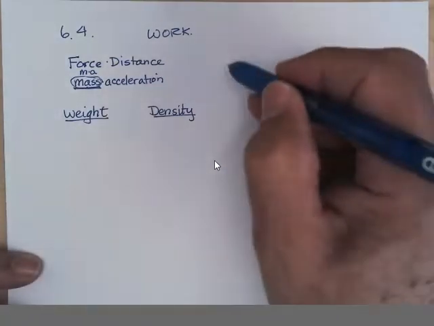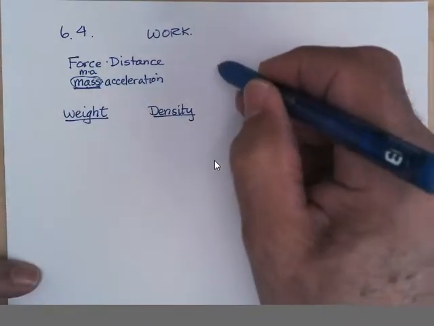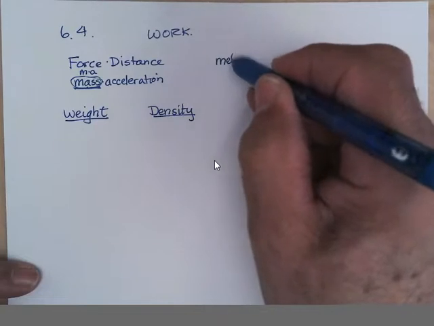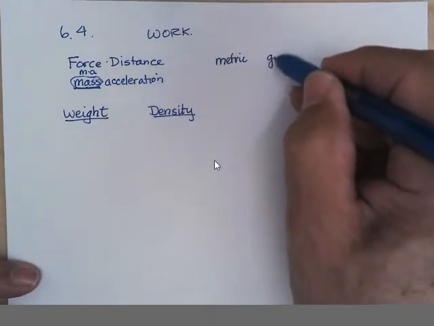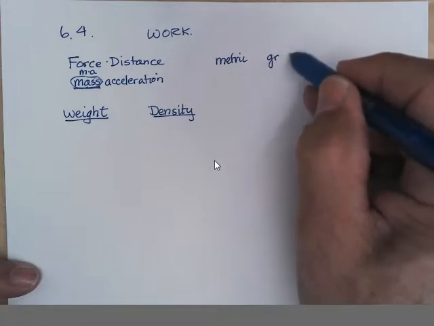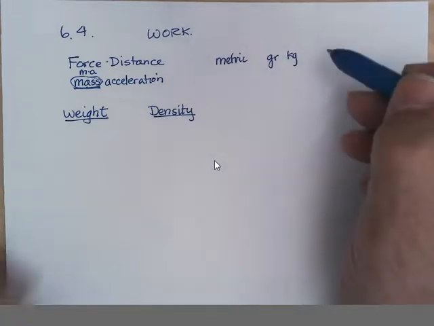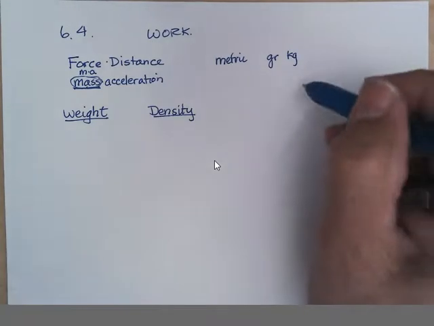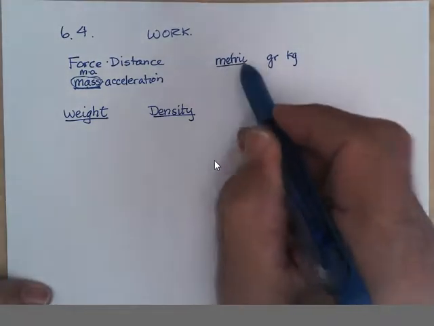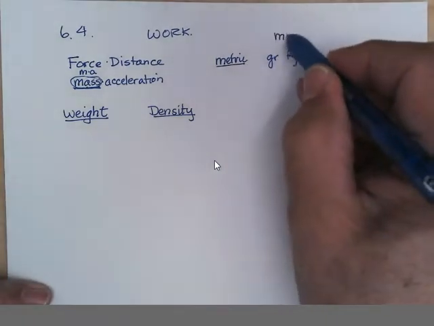So, mass in the metric system is measured in grams, or some multiple of it like kilograms, or micrograms, or milligrams. That's what mass is measured in.